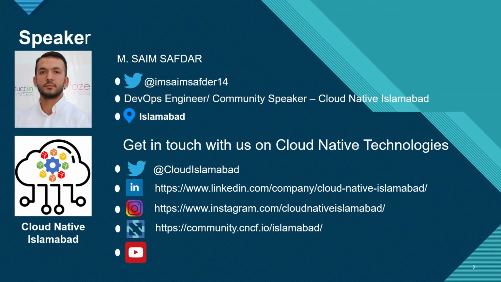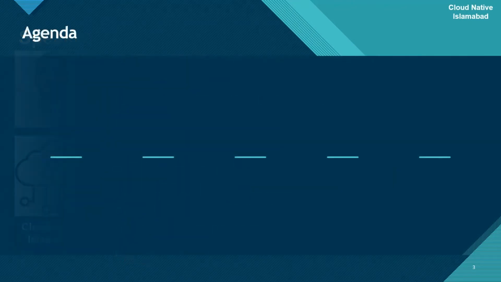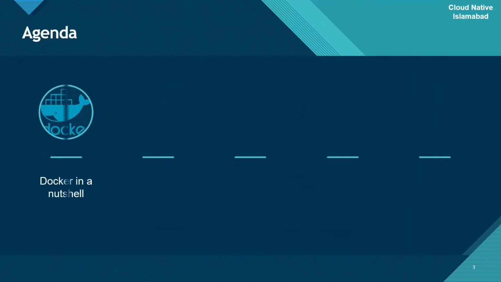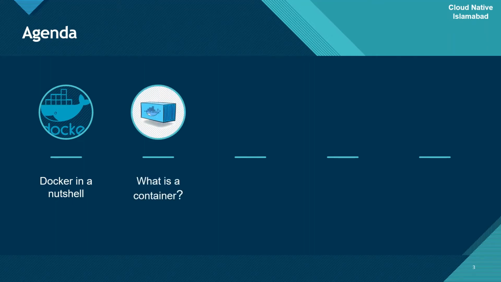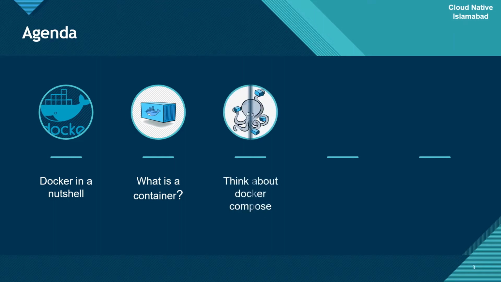So let's start the agenda for today's session. Today we're exploring what Docker is, if you haven't heard about it, and with Docker what a container is, and how containers help us move from a monolithic to a microservices world. If you haven't heard about containers, we will first spend a little time here. Also, when you're moving to the microservices world, Docker Compose is going to help us.